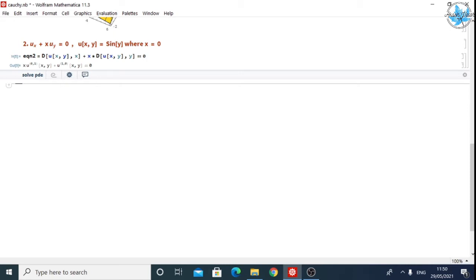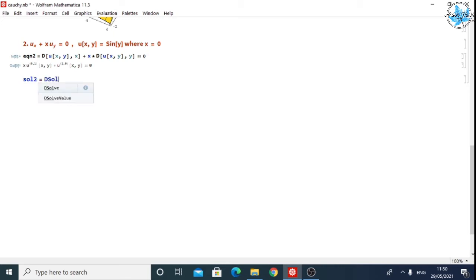Now I am finding the solution. Let's write solve2 equals, single equals, DSolve within square bracket.